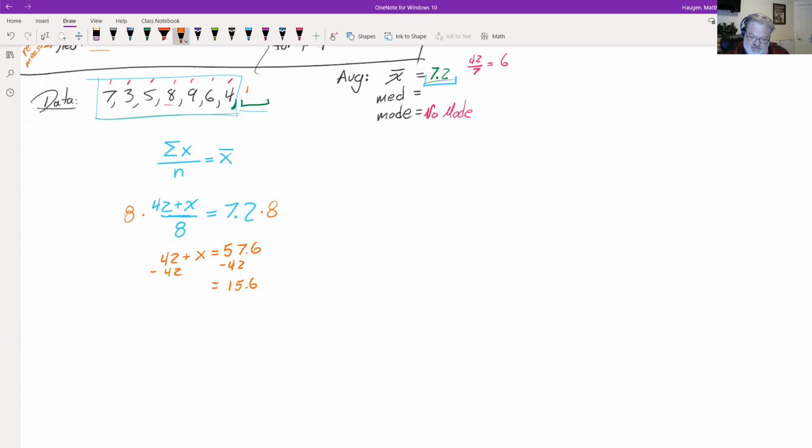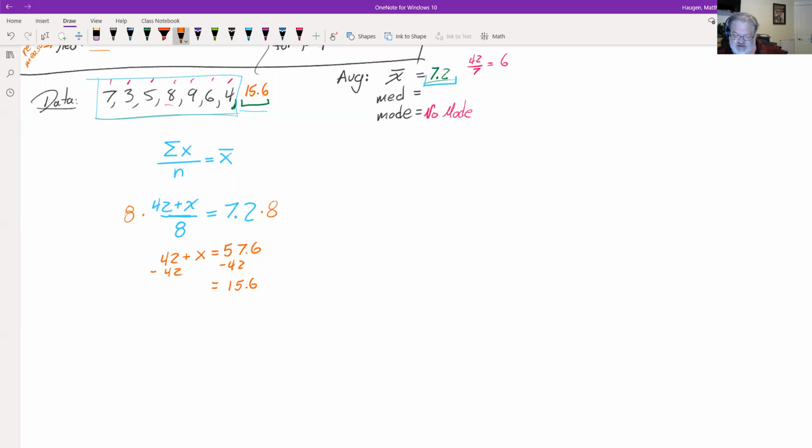So, hey, we got that missing value, 15.6. Is that horrible? Common homework problem, though. So do be ready for that.